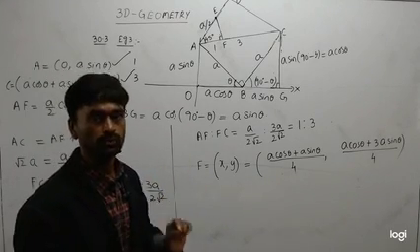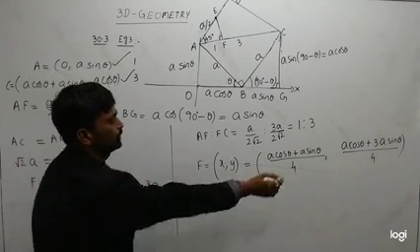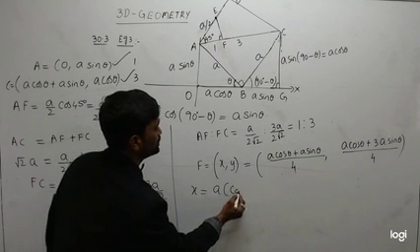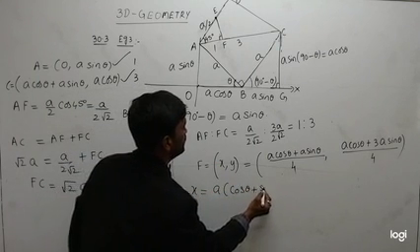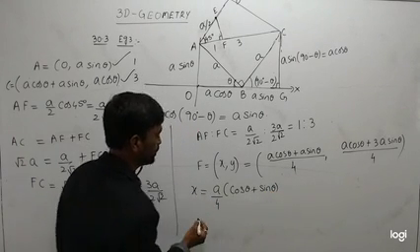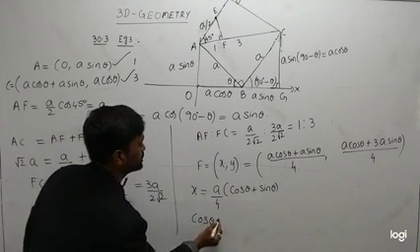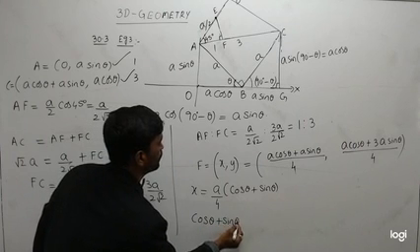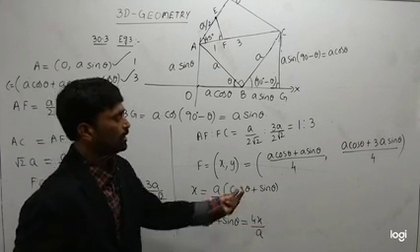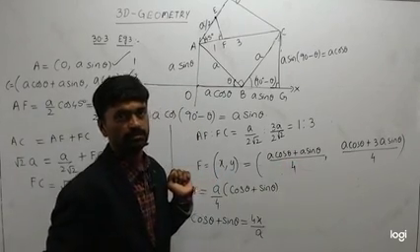So equating x coordinates, x is a into cos theta plus sin theta by 4. So from this you will get cos theta plus sin theta is equal to 4x by a. How I got this? Here I have taken a common, that's it. Okay.